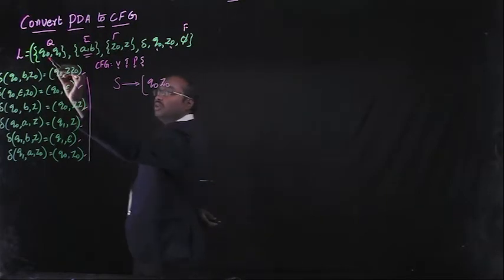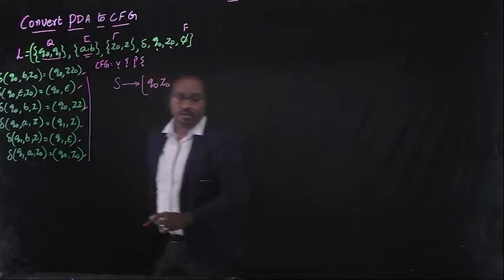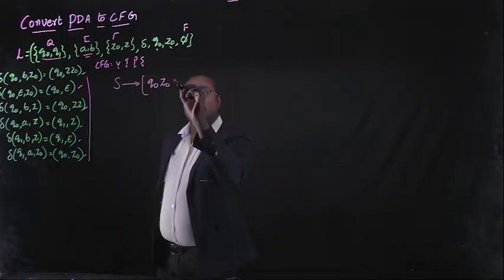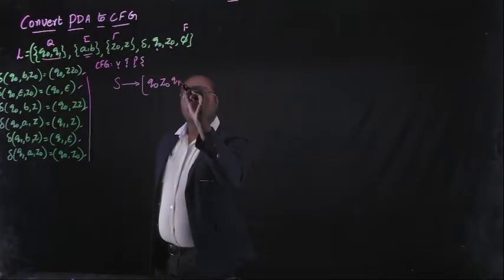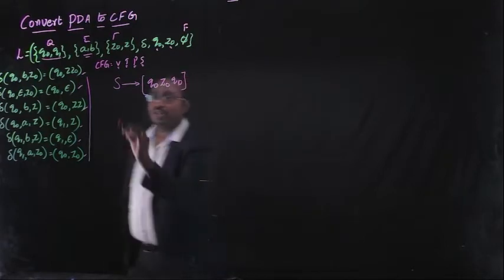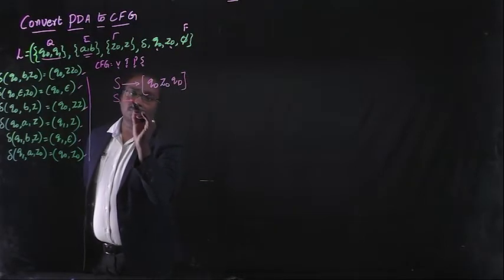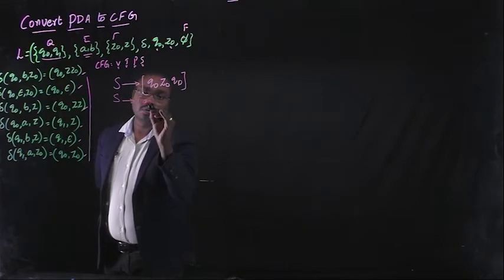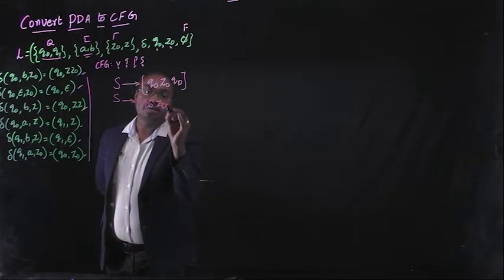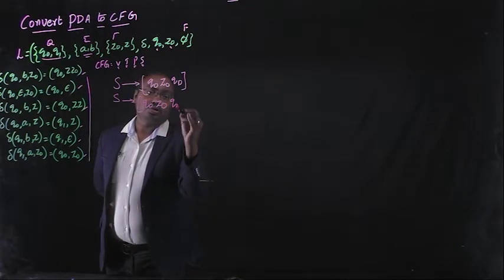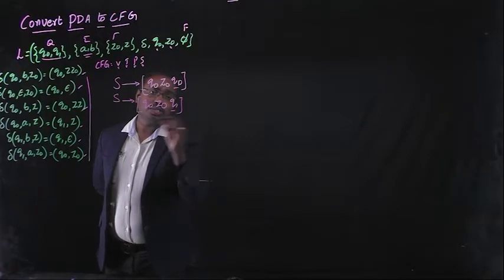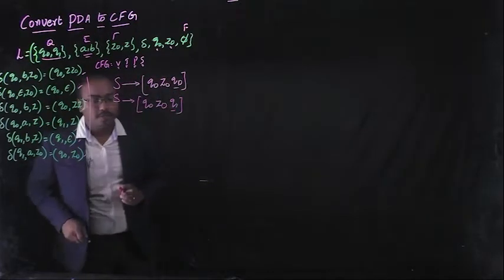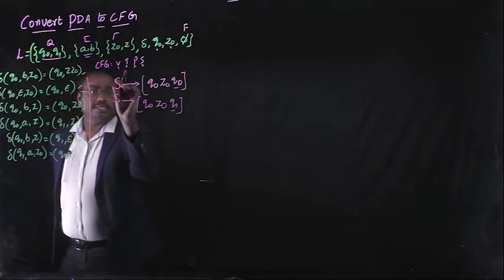So here we can use 2 states, Q naught and Q1. So here first we can write Q naught. So this is the one production rule, and S tends to Q naught Z naught Q1. So these are the 2 states in the PDA. Okay, so these are the S productions.